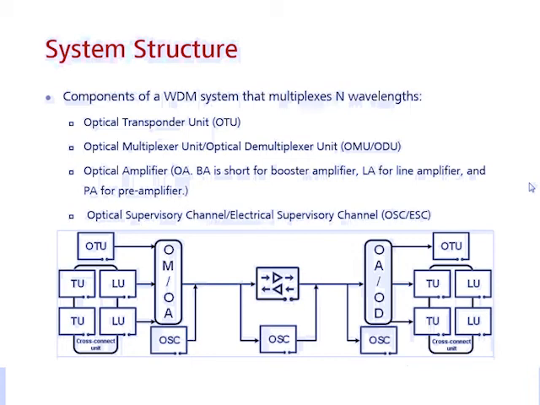OTU, optical transponder unit. Okay, so this is a major function of OTU. Then, after we use different OTUs to connect with different customer services, the OTUs will output different standard wavelengths, and those wavelengths already carry your customer service. And then we can multiplex them into the same fiber.